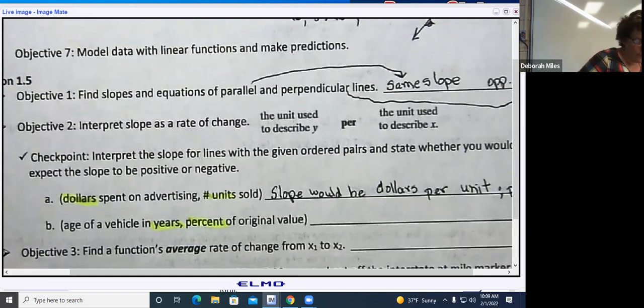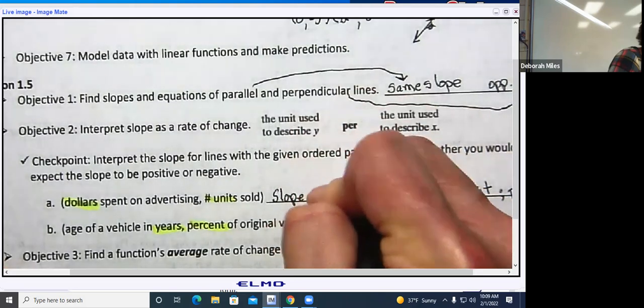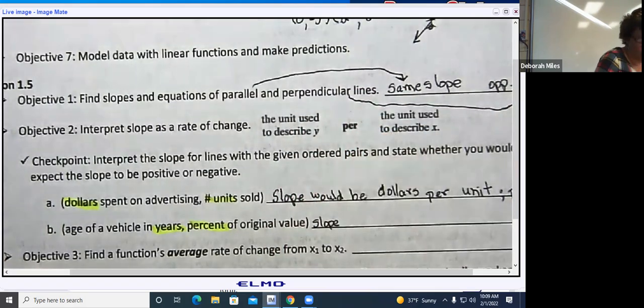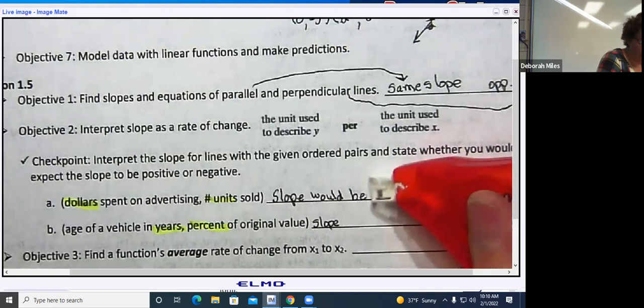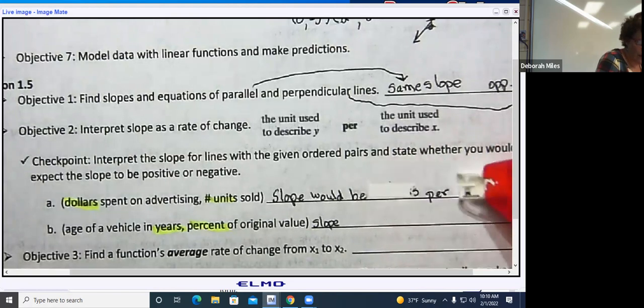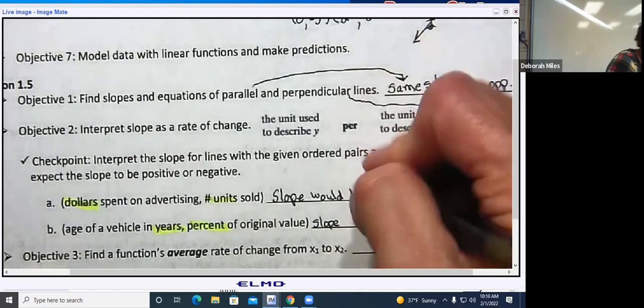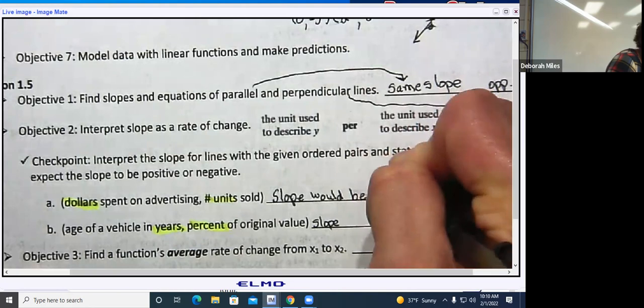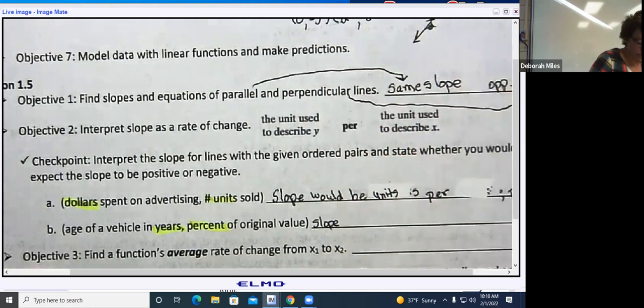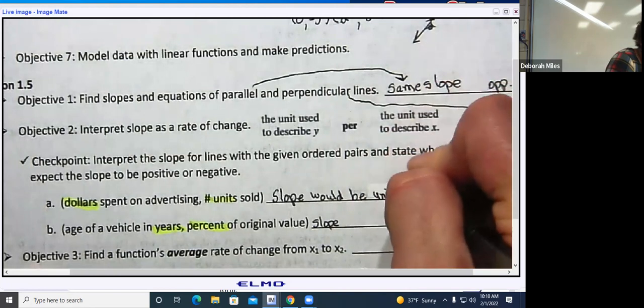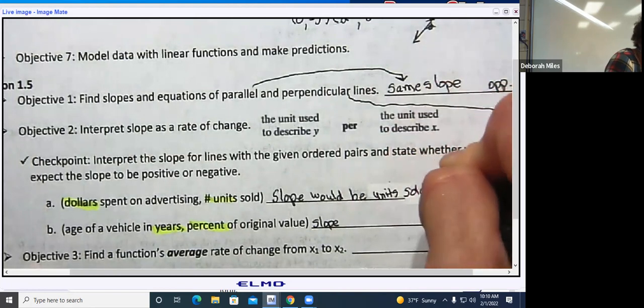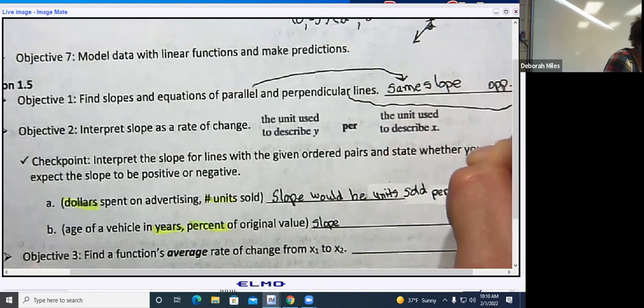So the slope, you know what? I wrote that first one exactly wrong. It's not dollars per unit. It's Y's per X. Slope would be units sold per dollar spent.